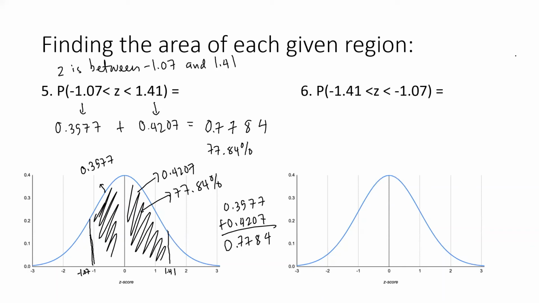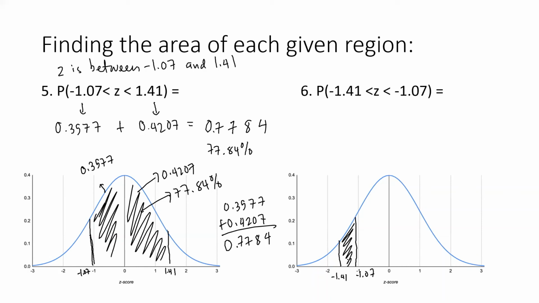However, now z lies between the negative values. So we're going to plot here negative 1.41 and negative 1.07, and shade it. What I have noticed here is that instead of adding those two, there is only one portion that has been shaded.